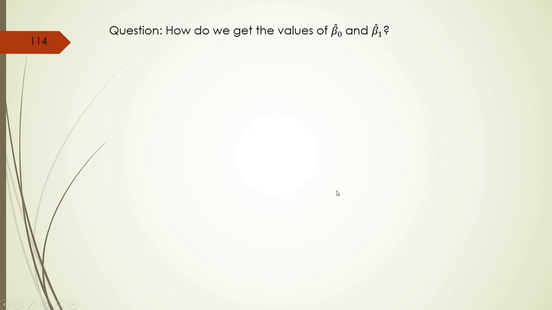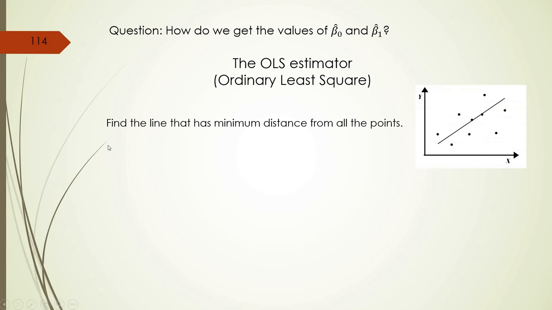So the question is, how do we get the values of beta 0 hat and beta 1 hat? What is the mathematical background for this? We are calculating them on the basis of the ordinary least squares technique, so we will get ordinary least squares estimators in our model. The idea is to find the line that has the minimum distance from all the points.